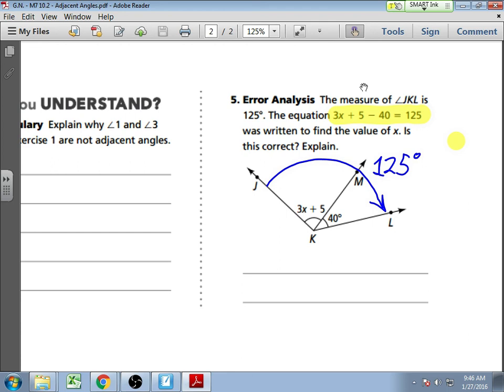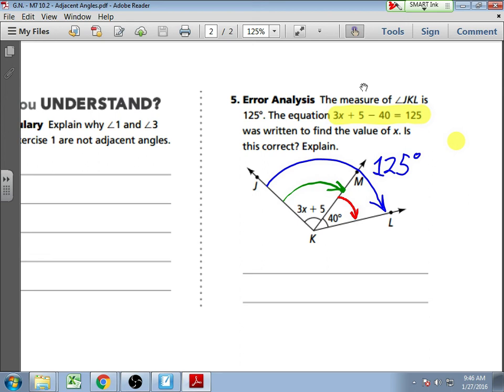So they've got their 3x plus 5, which is this angle right here. And then they've got their 40, which is this angle right here. What do you think, Zach? So 3x plus 5, what would you do if you were building the equation?